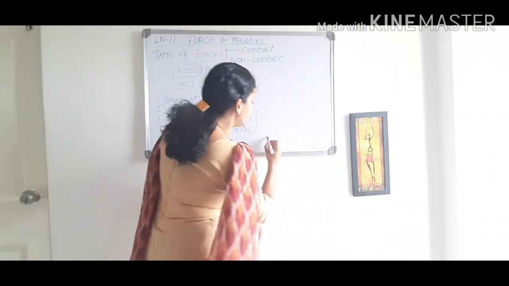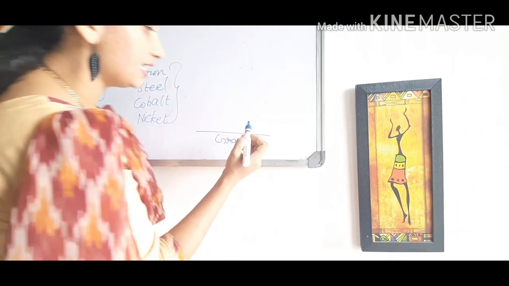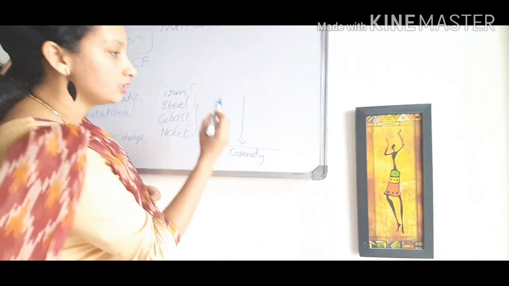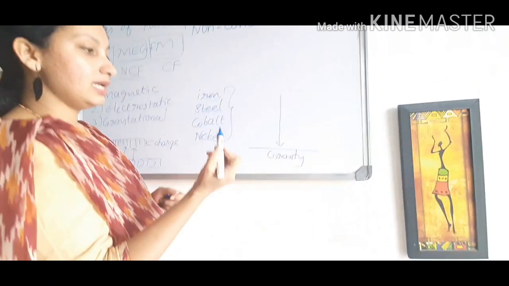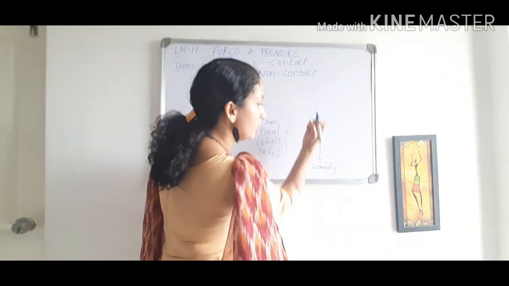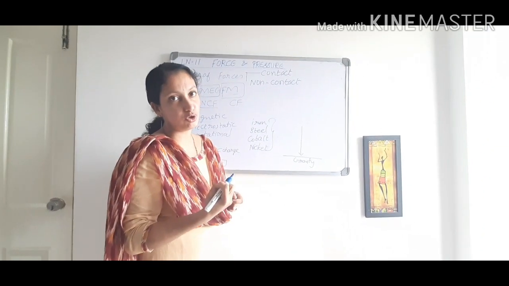So if the earth has gravity, it is pulling the object towards it. This gravity, which gives the force to pull an object having mass, is called gravitational force.